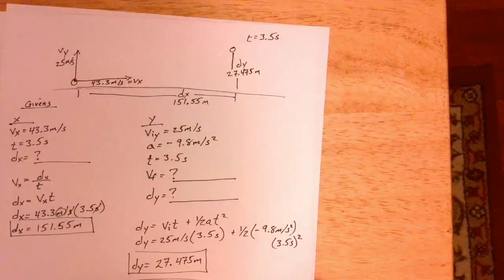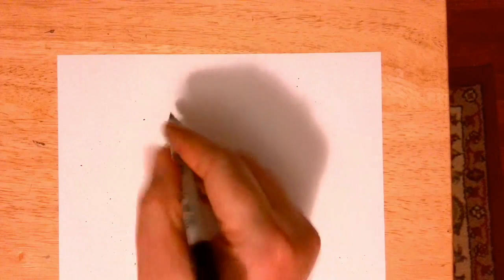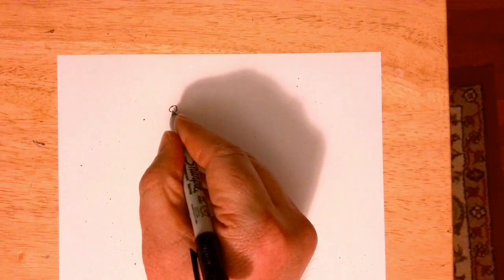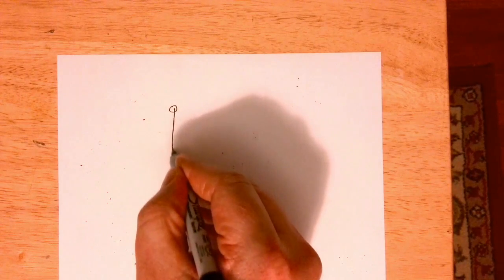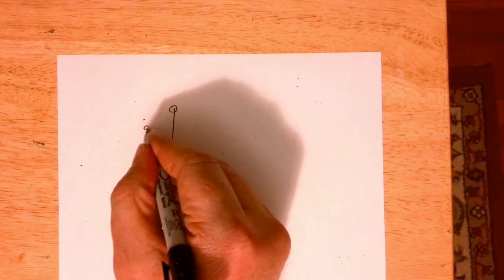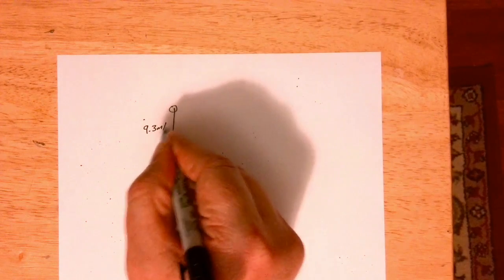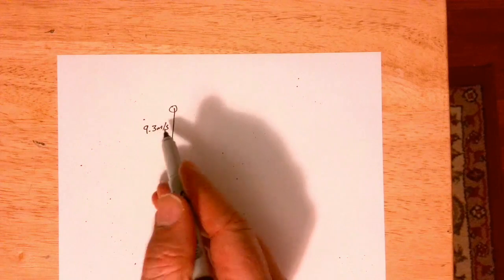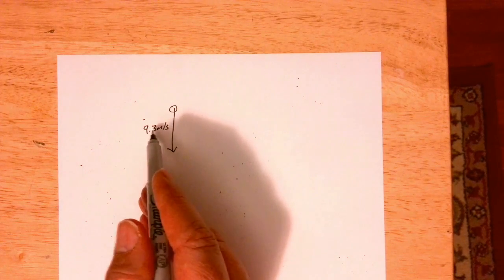So now, using those two points of information, let me redraw this. We have a downward velocity of 9.3. If you left this as negative, that's okay. It really doesn't matter here. It's just being used as a means of indicating direction.